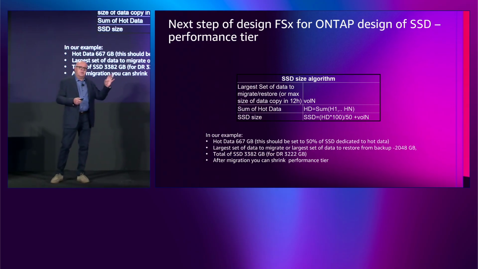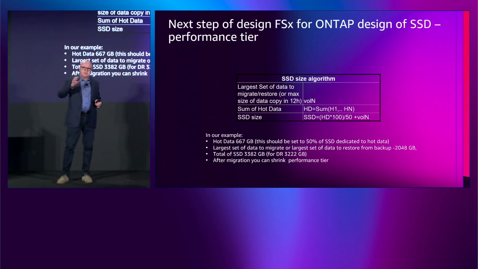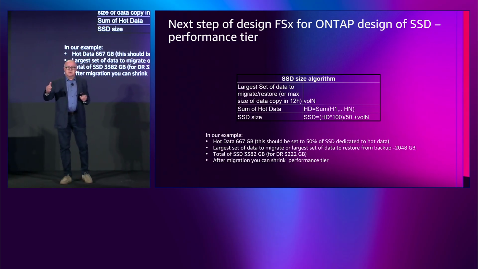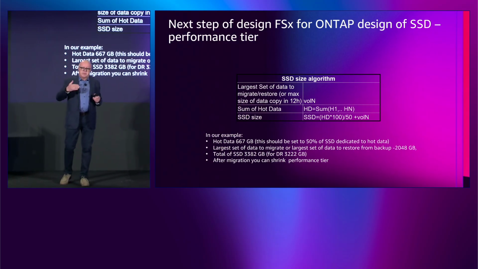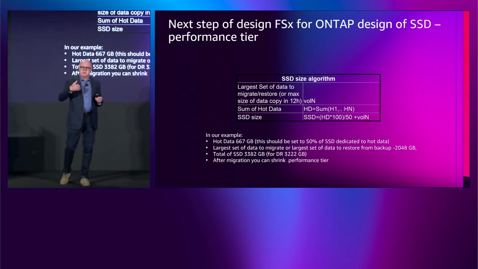Then, when we do the backup, or we are moving the data, then with the storage efficiency, we have to have space to make sure that the SSD will handle the amount of data which we will be putting on the FSX. With the backup, we have exactly the same situation.